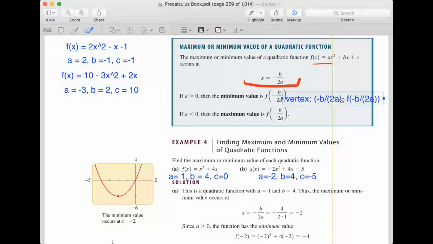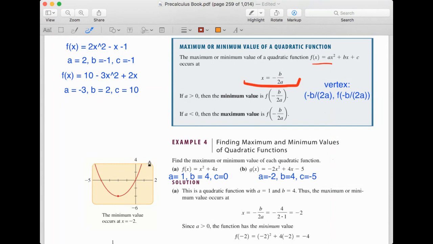So this is the vertex. You see here, x equals negative b over 2a. That's the x value for the vertex.